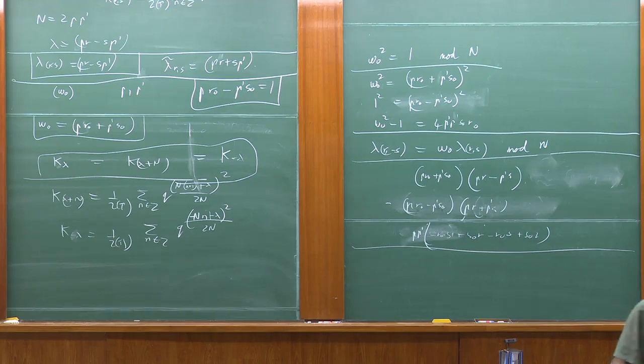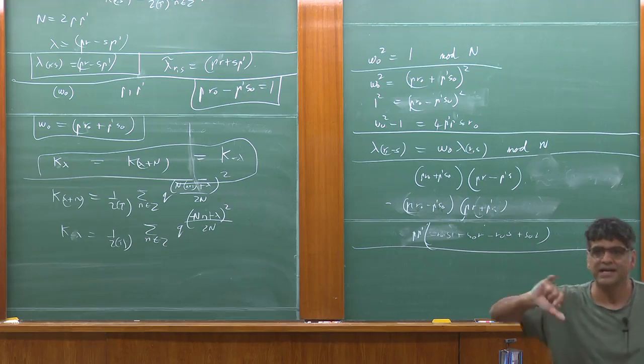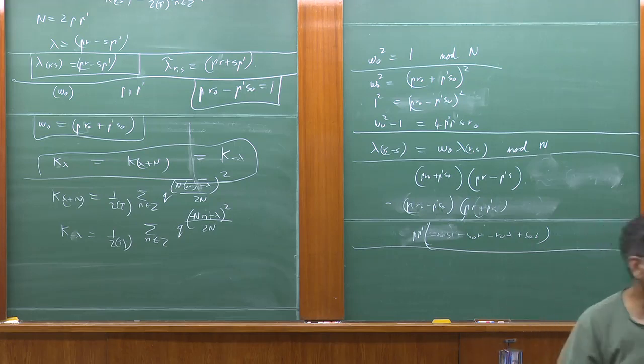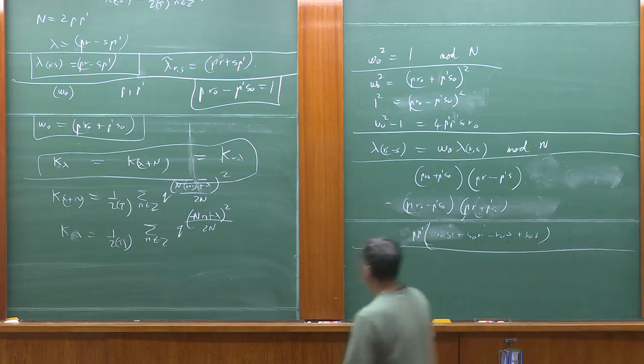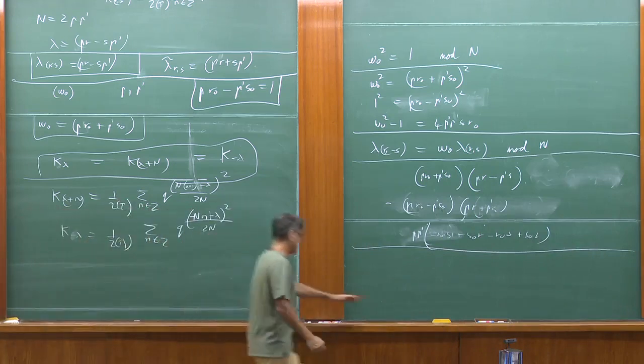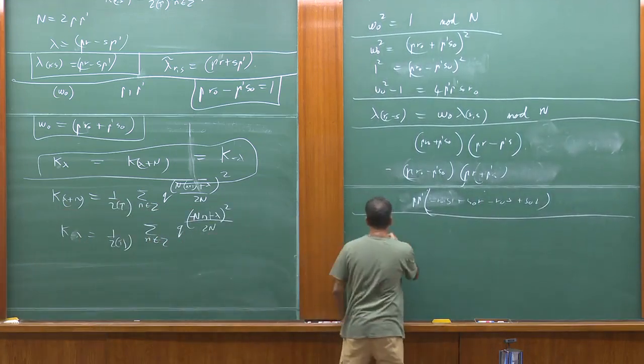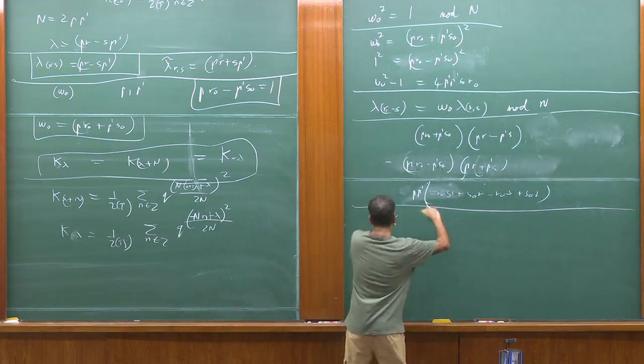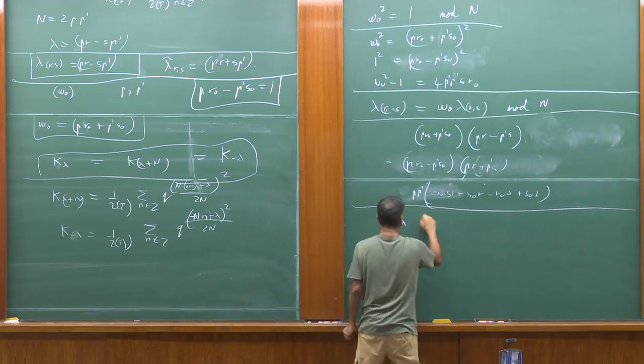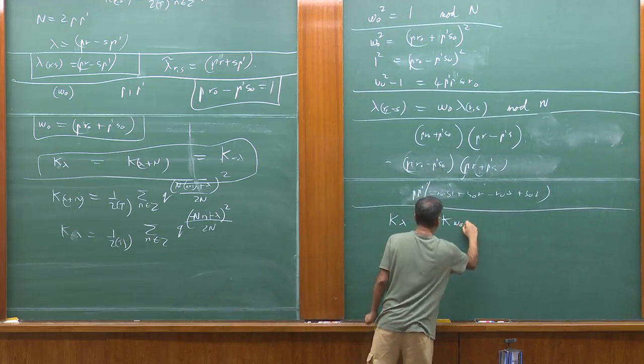This was a consistency check because we know that if we reverse the sign of s and then reverse the sign of s again, you come back. So it had to be that this omega naught squared, at least in its action on lambda, was 1. And we see that that's the case. Okay? So what we're going to do is write this thing as K of lambda minus K of omega naught lambda.